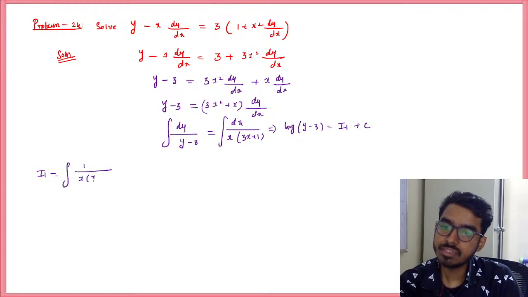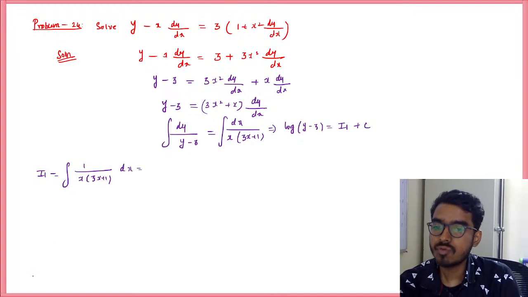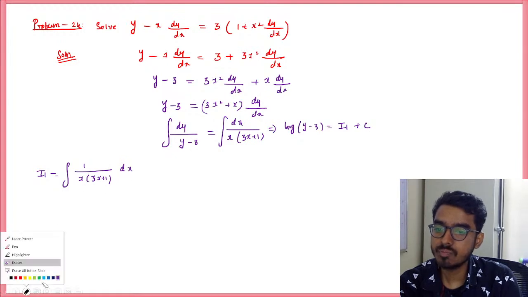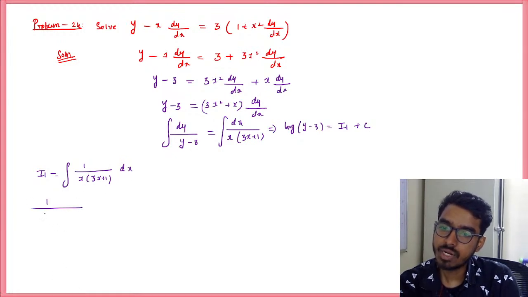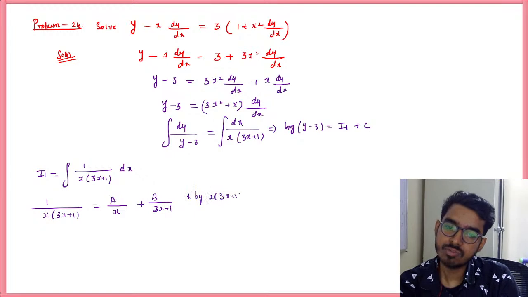Which is integral of 1 by x into 3x plus 1 dx, right? So for that, you have to do partial fraction. So you just do partial fraction for 1 divided by x into 3x plus 1. So we have a by x plus b by 3x plus 1. So we'll multiply by x into 3x plus 1 throughout.